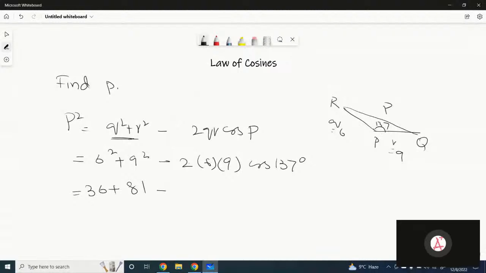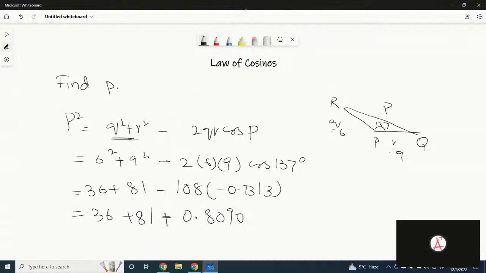Okay, just calculate cos of 137. It would be 9 times 6 is 54, and 54 times 2 is 108, and cos of 137 is negative 0.7313. Got it? So multiply it with 108, so it makes 36 plus 81 plus, and negative times negative is positive, it makes 78.99.